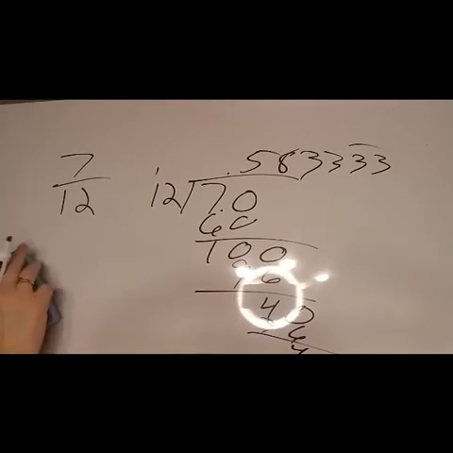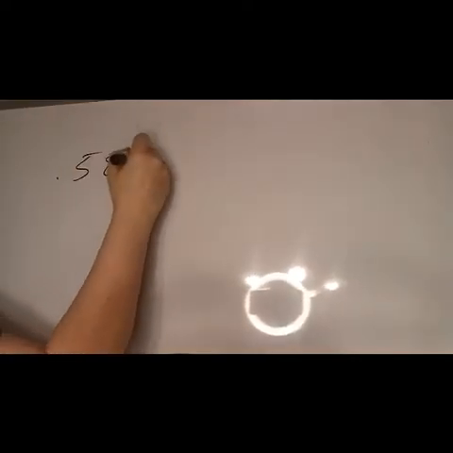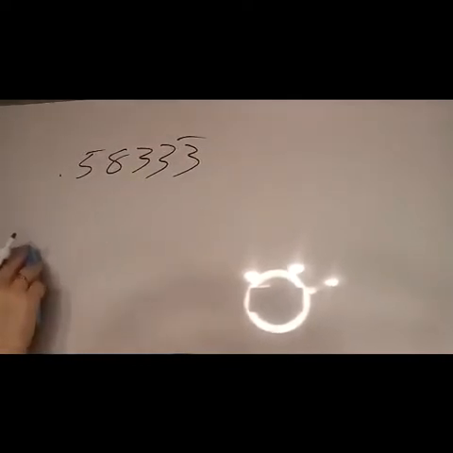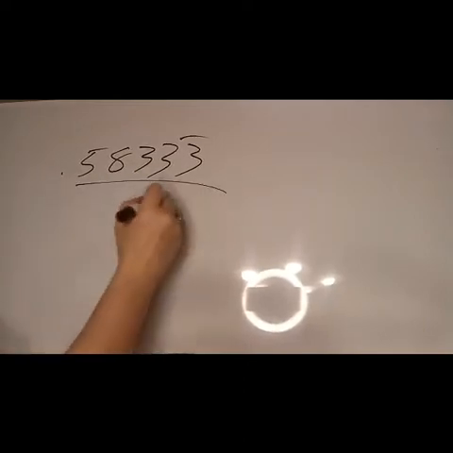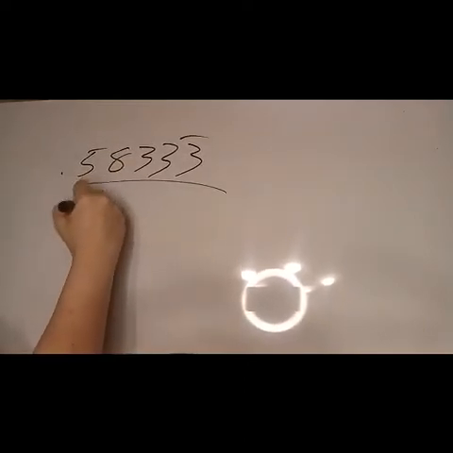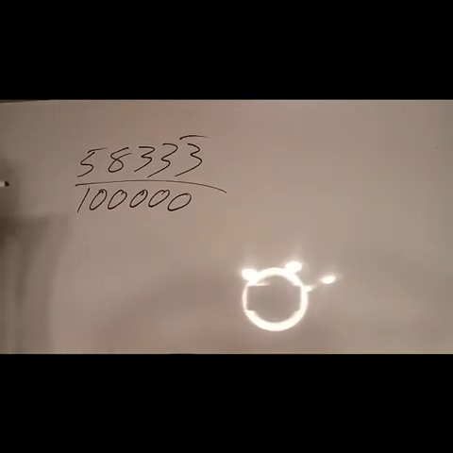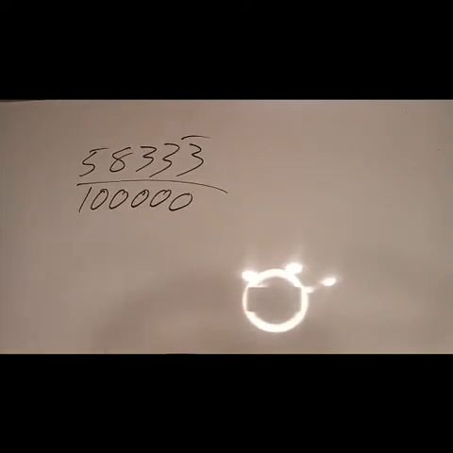Let's go the other way. We've got 5 numbers, so we're going to have 5 zeros: 1, 2, 3, 4, 5. Get rid of that decimal. Now we're going to start by multiplying by 3.